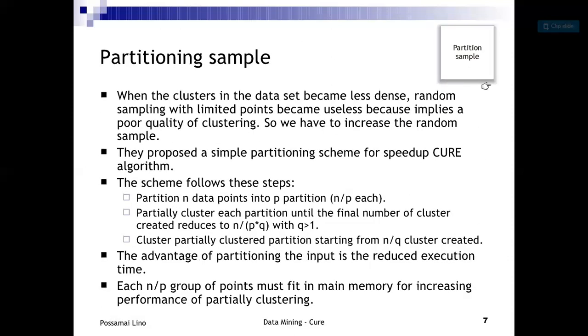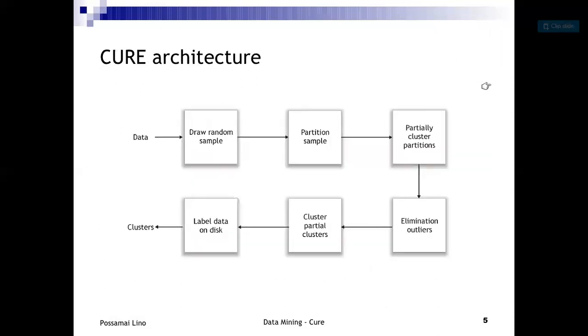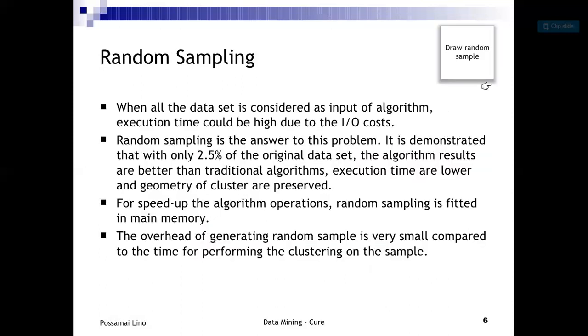Now, the advantage of the CURE algorithm is that it is very efficient, because it takes just 2.5% of the original data to perform the clustering. In this way, we are dealing with data warehousing where the data size is so large, and it is taking just 2.5% of the data.